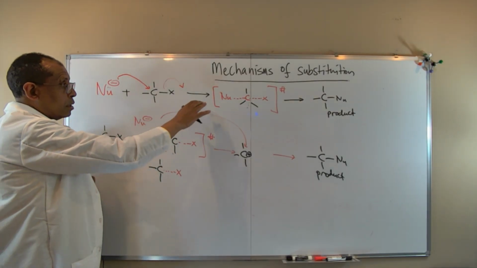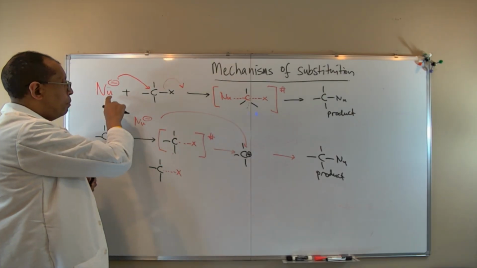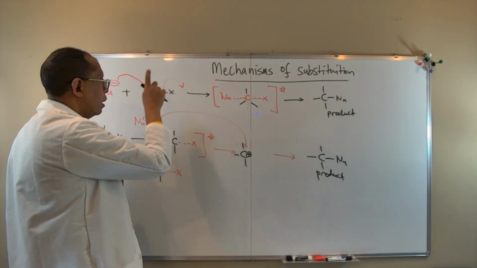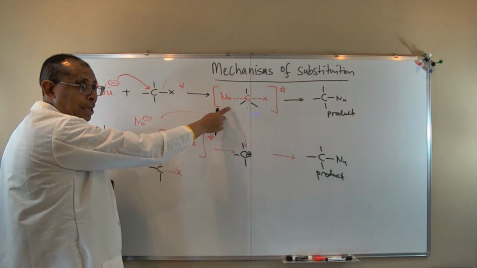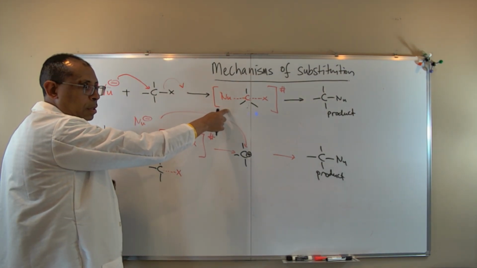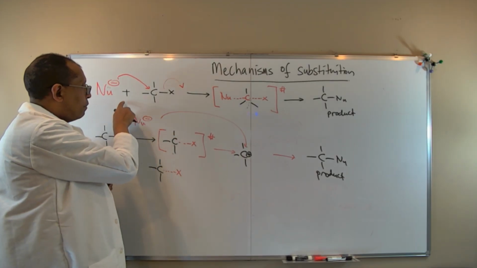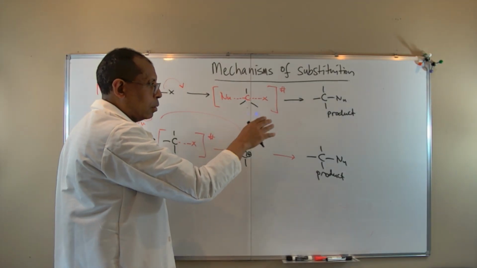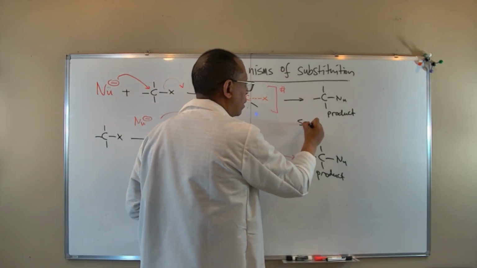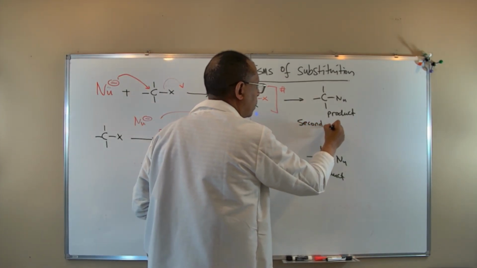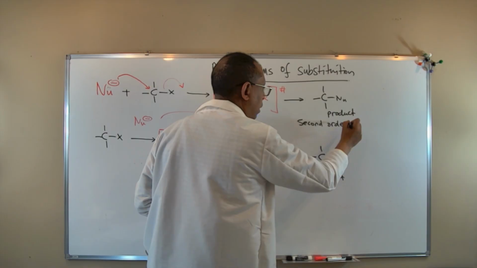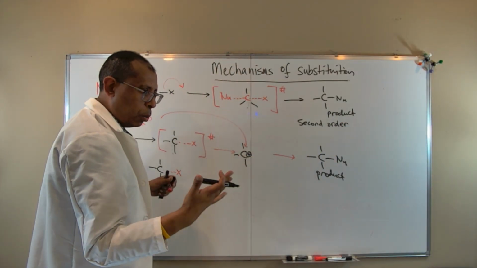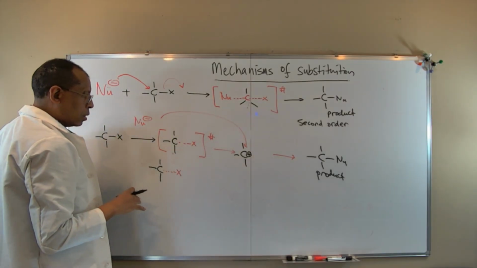So in the transition state in case 1, both the nucleophile and the alkyl halide are implicated. Therefore, the first reaction type is called second order; the rate kinetics for this is second order. I'll show you why with the reaction equation.